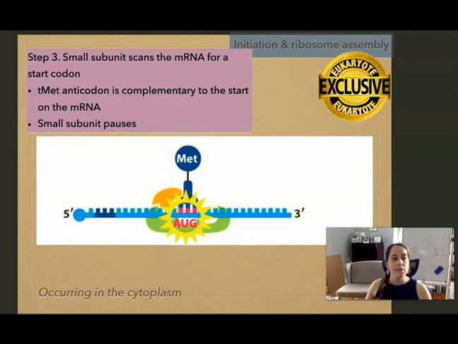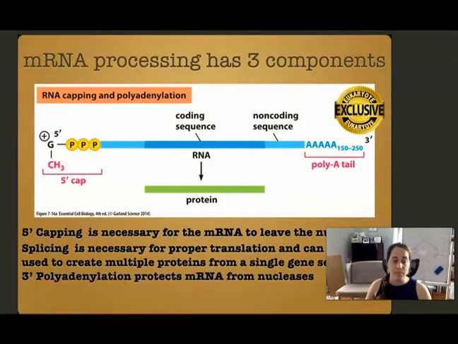So let us go back for 1 minute and take a look at the composition of a mature piece of mRNA. So we have that 5' cap. That can associate with the translation initiation factors. Then we have this non-coding region. And we also have a coding sequence, and then another non-coding sequence and the poly A tail.